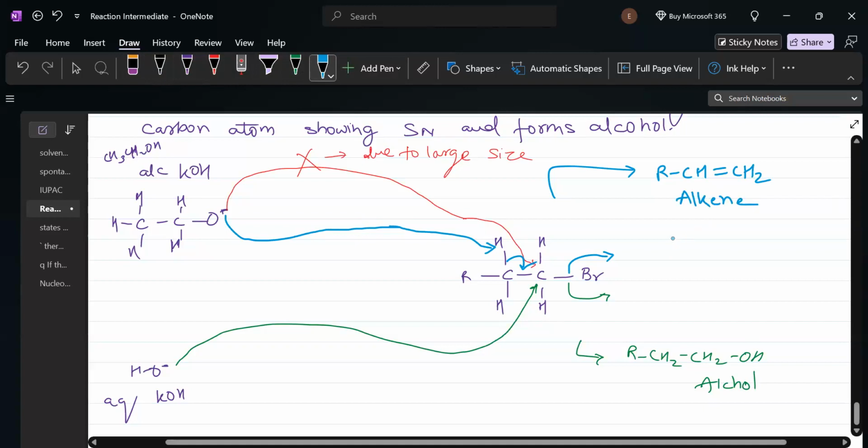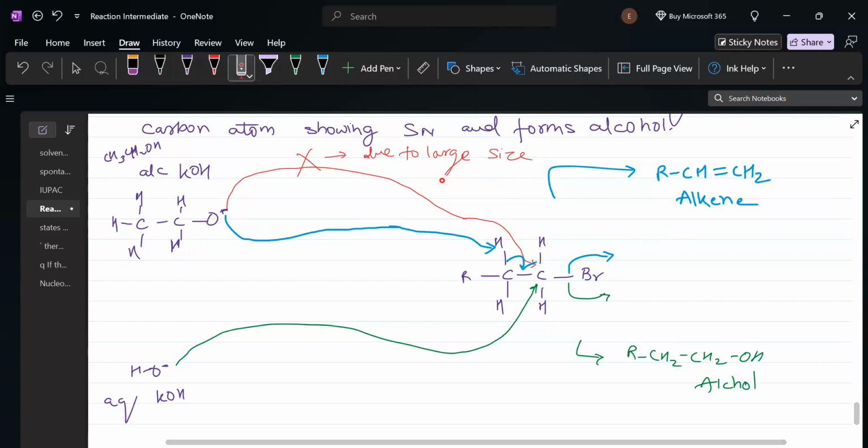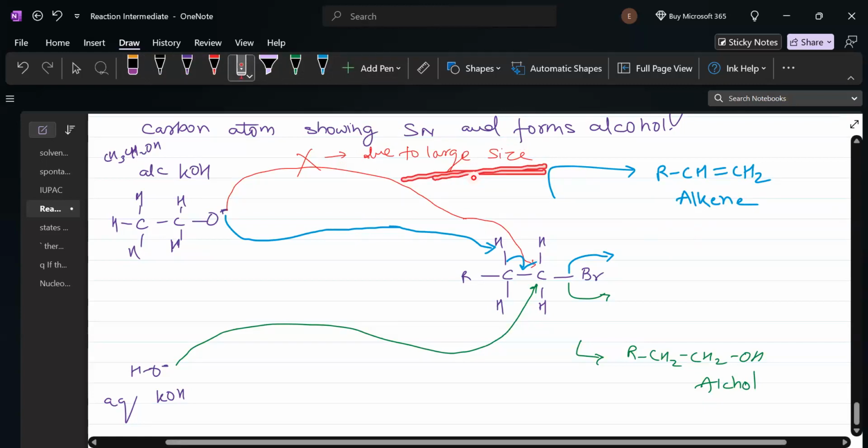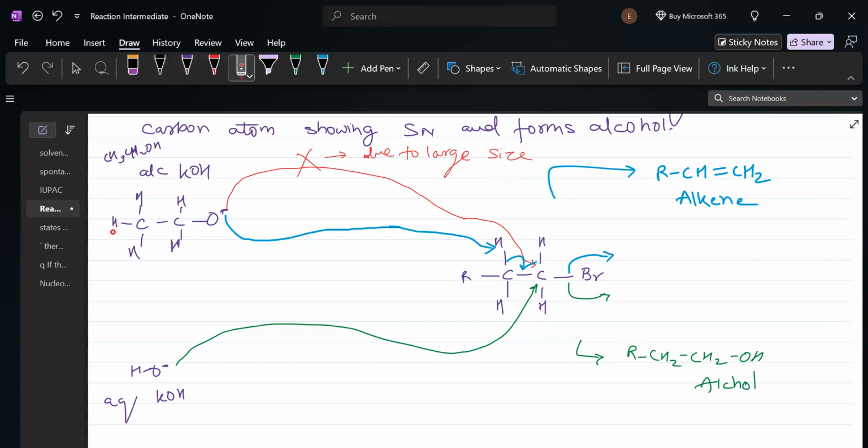See on the screen what I have written. Can you see the marker? Because of large size, this is so large that it cannot attack on this carbon.